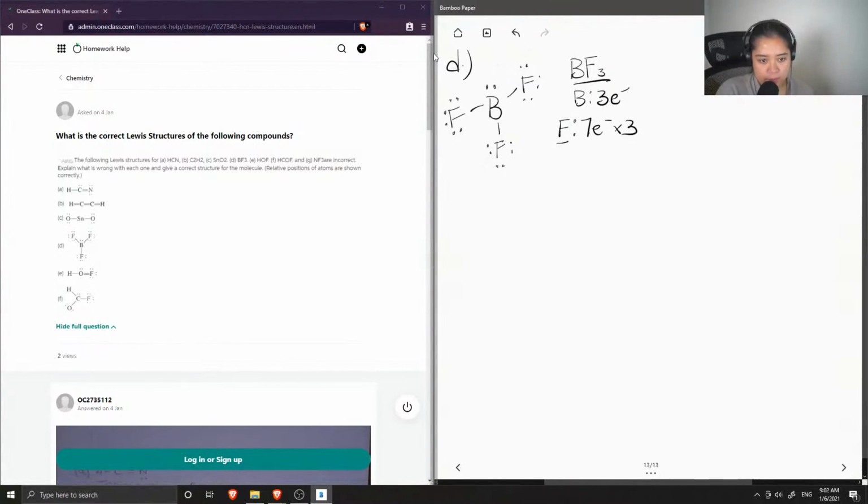And there's 3 of them, so 21 plus 3 is 24. So if we count out how many electrons are in this molecule, you'll see it goes over that. So this has 26 electrons. So let's write the correct structure on the right.